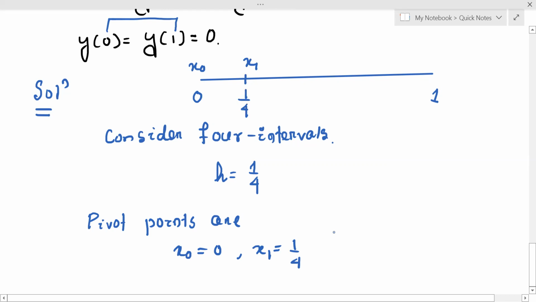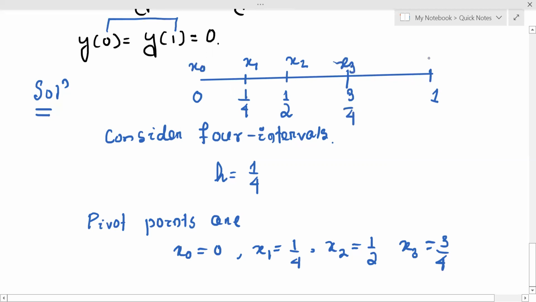Then x2 is x1 plus 1 by 4, that is 1 by 2. Next x3 is x2 plus 1 by 4, that is 3 by 4. And finally x4 is 1.